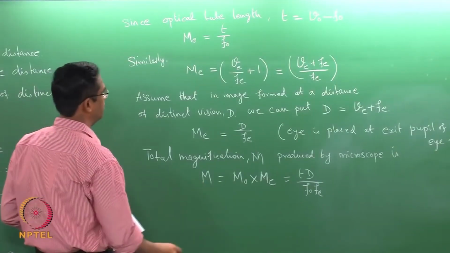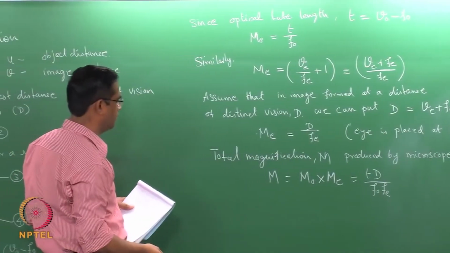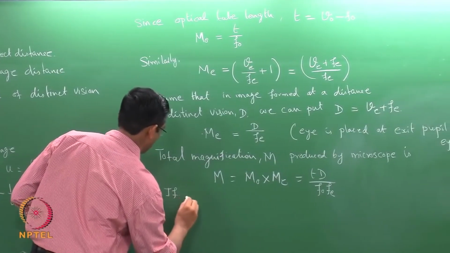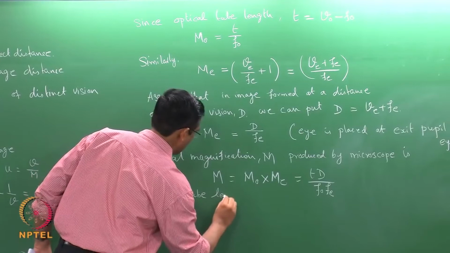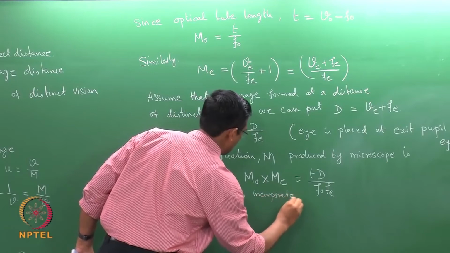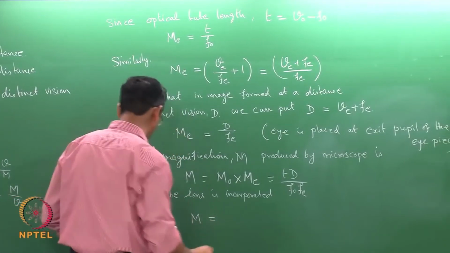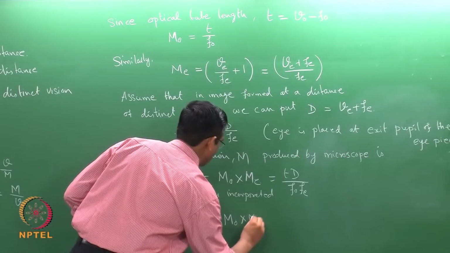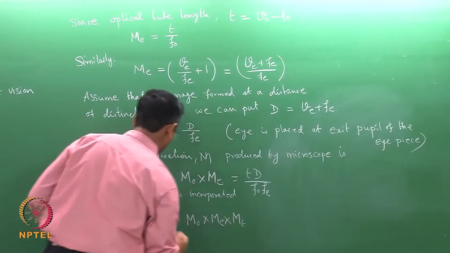This is coming from these two equations, and if we include the tube length also, the total magnification M is equal to the objective magnification times the eyepiece magnification times this optical tube length.